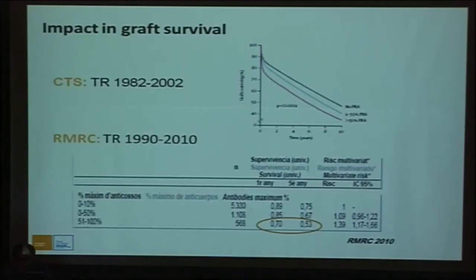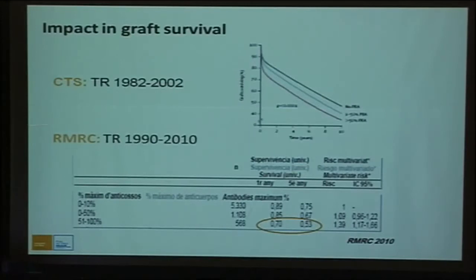So this is like a continuous variable impacting graft survival, which cannot be otherwise because it reflects the antibody you have in the blood, and the higher the PRA, the higher the risk of graft loss.